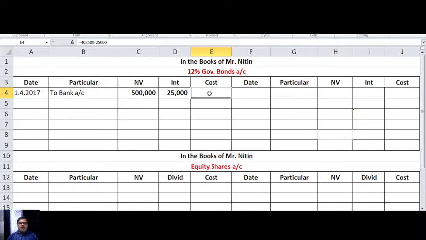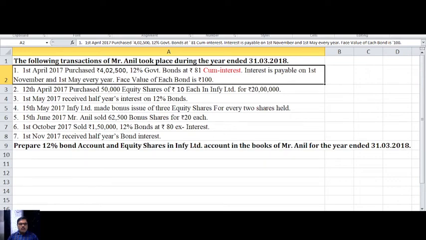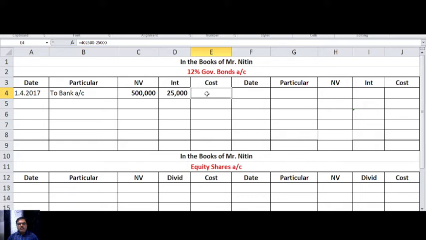They have given 4,02,500, and this amount is including interest. Cum interest means including interest. So if you deduct that interest of 25,000, see the formula, 4,02,500 minus 25,000, you will get the cost of this 12% government bond.